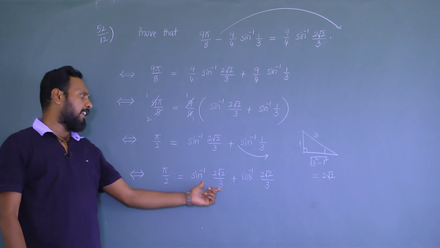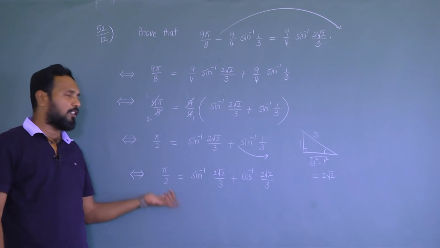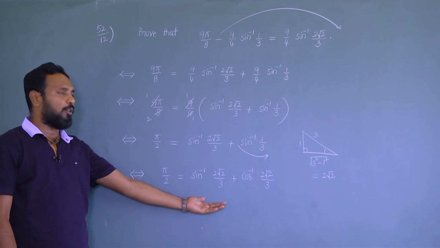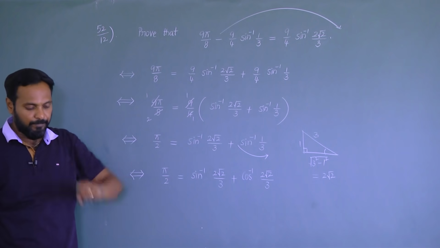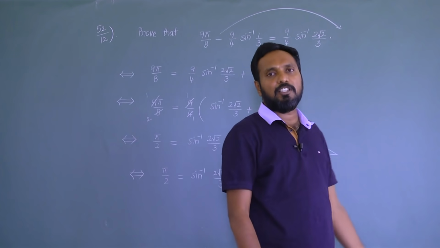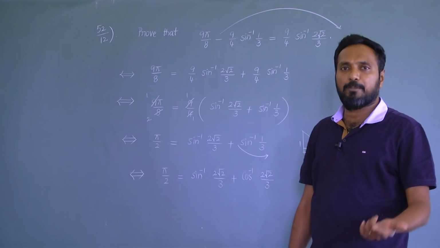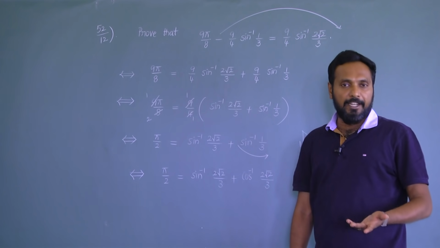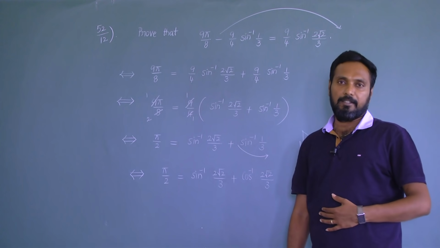So that sin inverse x plus cos inverse x equals pi by 2. Does this relation hold for all values? No. For what values of x is sin inverse x plus cos inverse x equals pi by 2 possible? x belongs to the closed interval minus 1 comma plus 1.